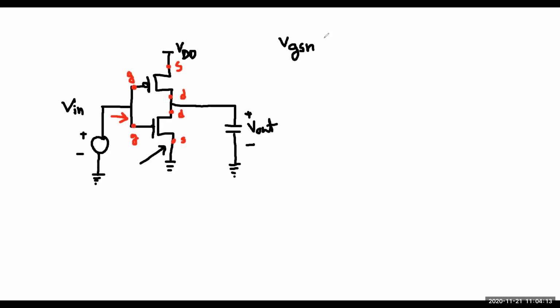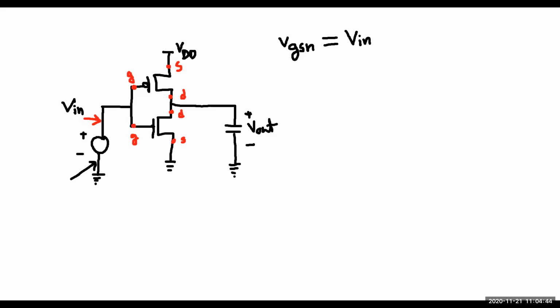I am not actually measuring VGSN, I am measuring Vin, because this point and this point are the same, and the ground point and this point are the same. So VGSN is equal to Vin. Understood?